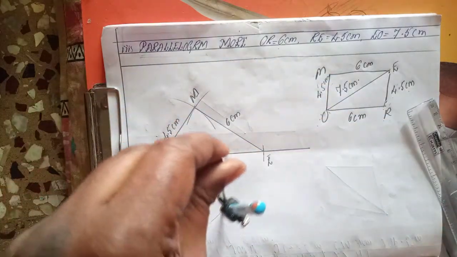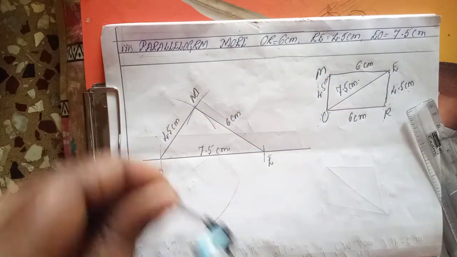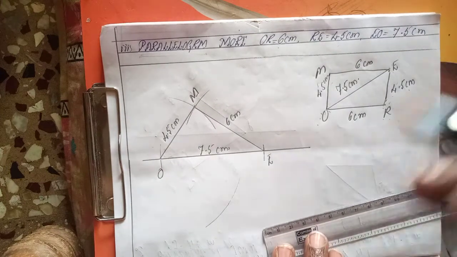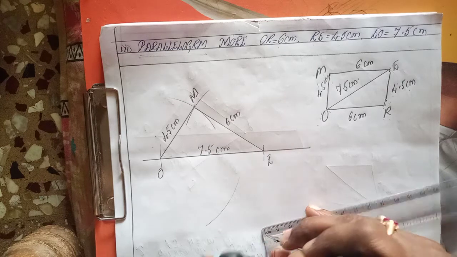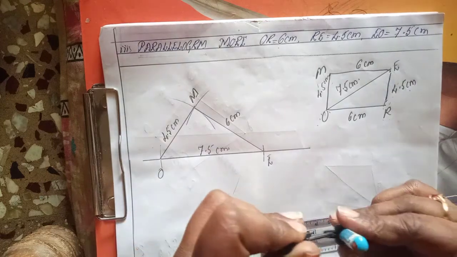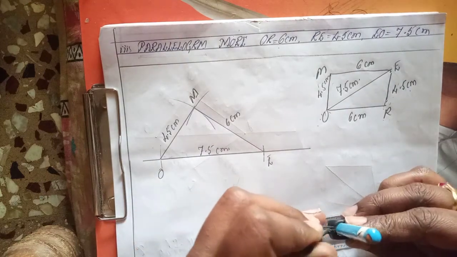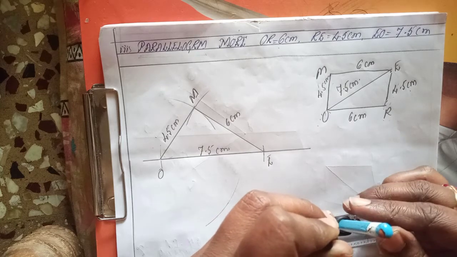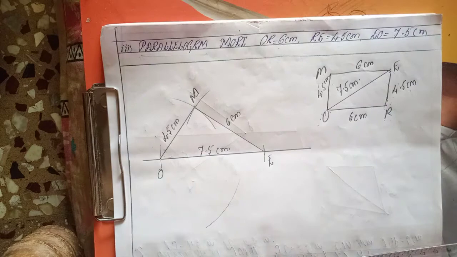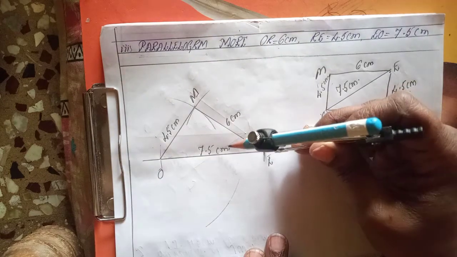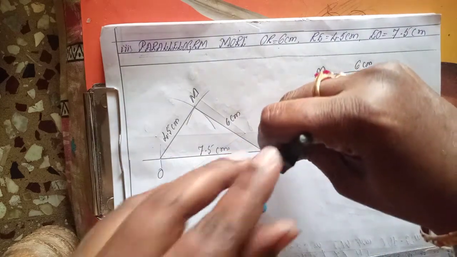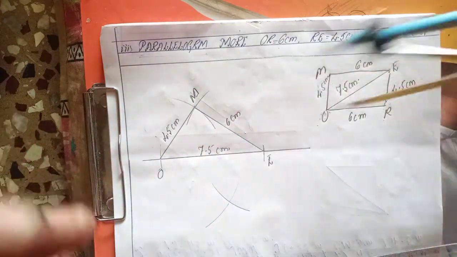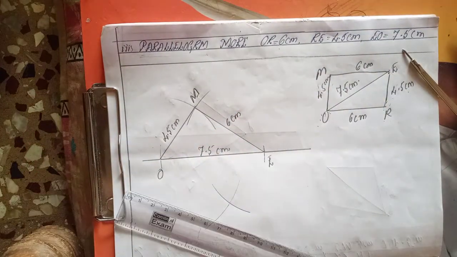Cut an arc with the measurement of 6 centimeter on the lower part of the diagonal. And take RE equal to 4.5 centimeter like this, exactly 4.5 centimeter. Pointing it on E, cut another arc on the lower part like this, which cuts the previous arc. Now join this.